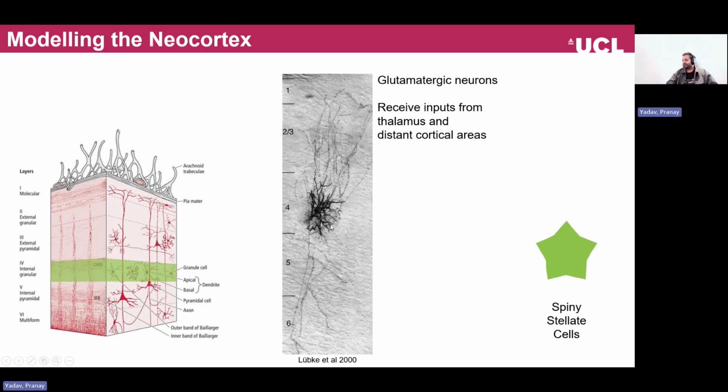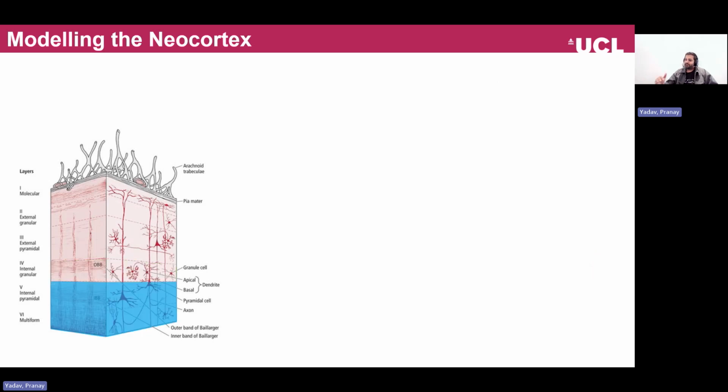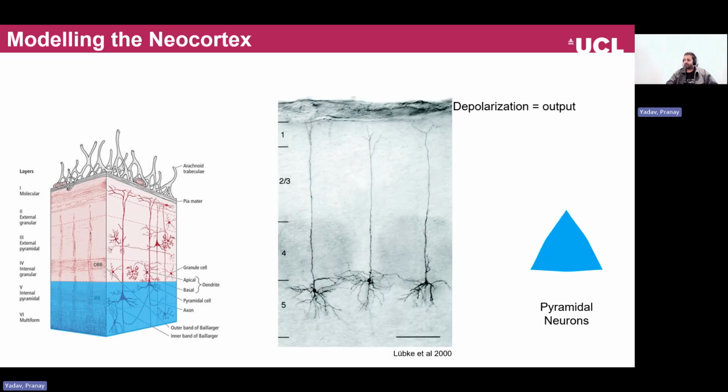They're star-shaped, hence stellate. These are glutamatergic neurons. They receive inputs from thalamus and distant cortical areas. The layers below the granular layer, layer 5 and layer 6, the infragranular layers, consist of pyramidal neurons. These pyramidal neurons have dendrites that span the top layers. The depolarization of these pyramidal neurons is treated as the output of this cortical column.